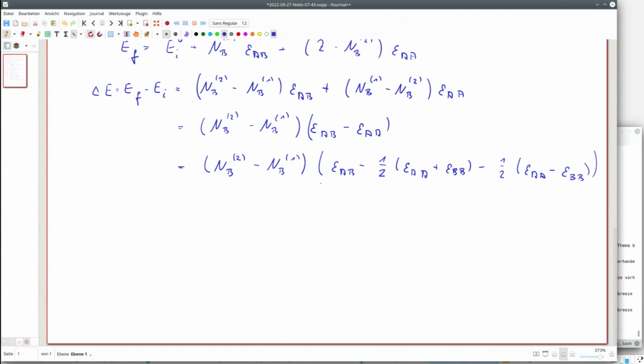This is what we already encountered a couple of times. Or epsilon. But this is a term which until now did not appear. And this is the one I wanted to discuss a bit. It's not a common term, but I wanted to call this the asymmetry energy.